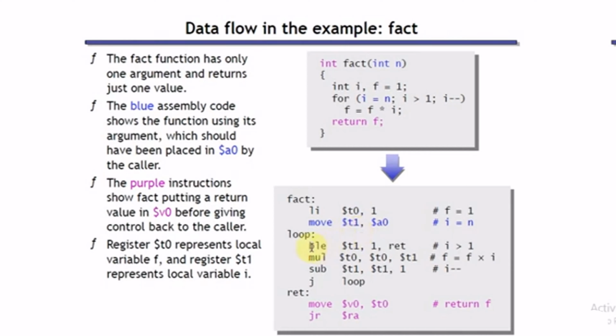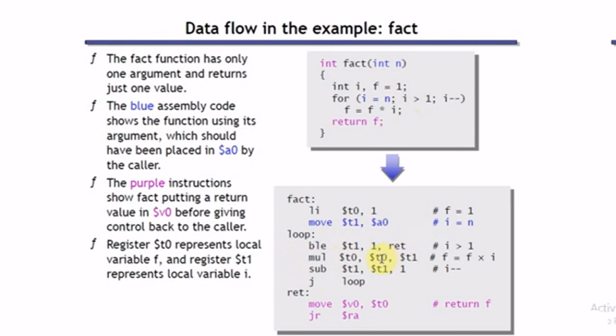Here we say that n should be stored inside $a0. In MIPS assembly we use a register instead of a variable for the counter. In this line, we have the condition of the loop: branch if less than or equal, the value of the counter is checked against 1. If it is less than or equal to 1, then we go to the return label.